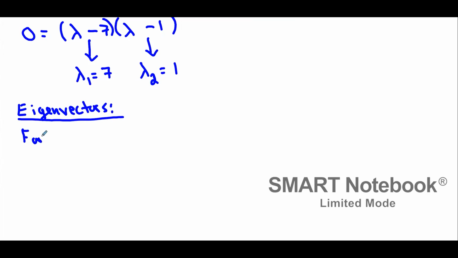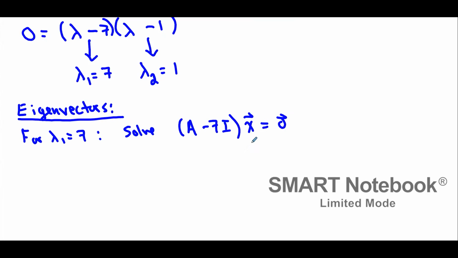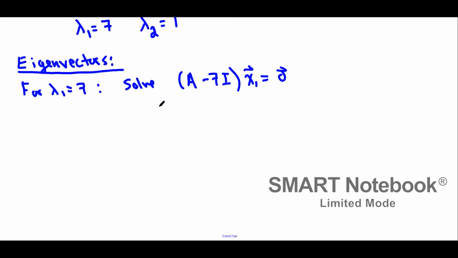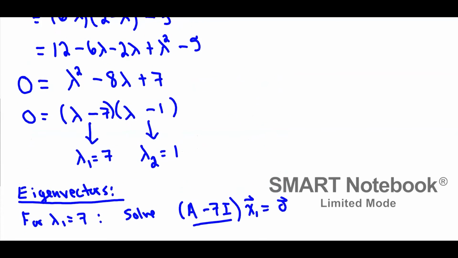So for lambda 1 equals 7, I need to solve this equation: A minus 7I times x equals 0, and this x will be the eigenvector. So let's call it x1 for lambda 1, and that'll be the eigenvector for this eigenvalue. We're just going to subtract 7 from the main diagonal of A. Let's go back up.